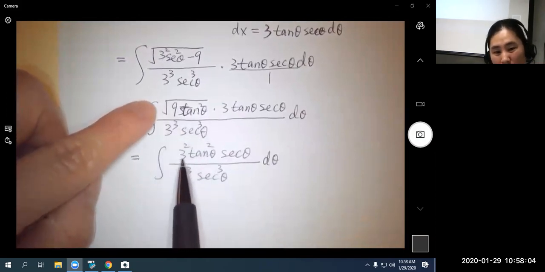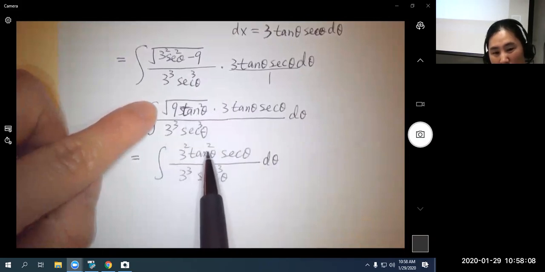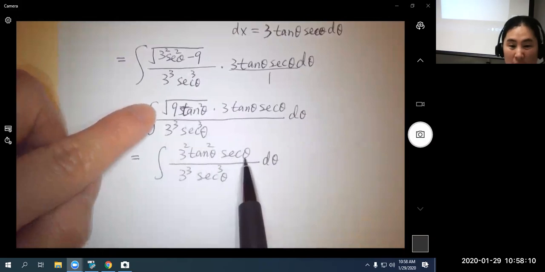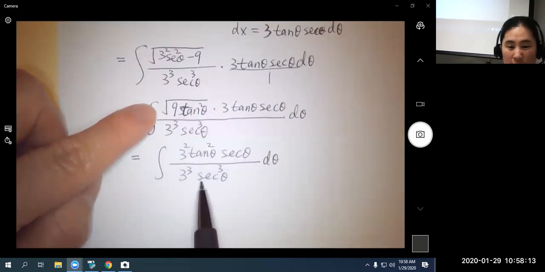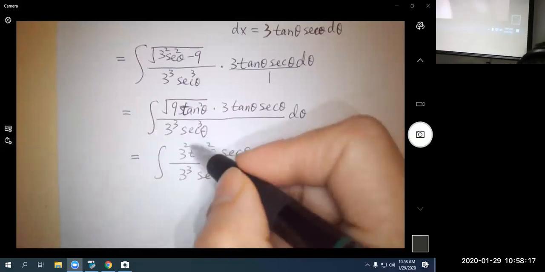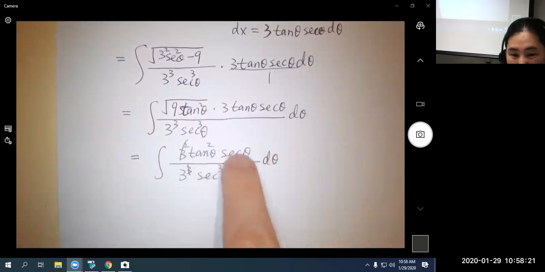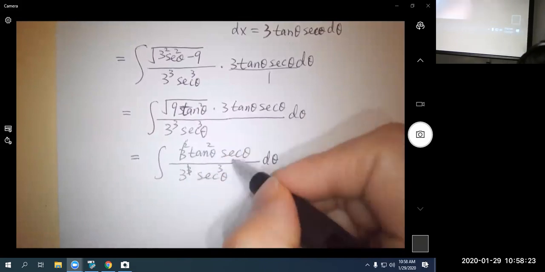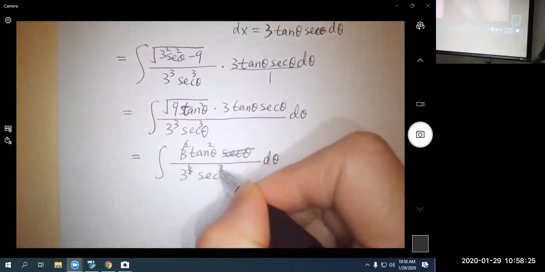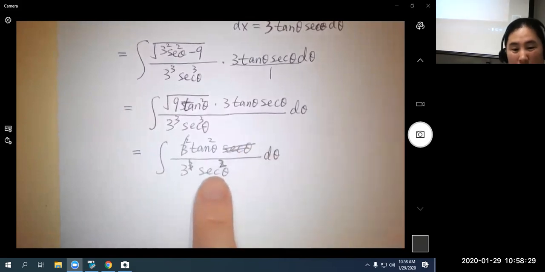Can we do some simplification? Just 1/3 left, and secant theta to the cube over secant theta gives secant theta squared.